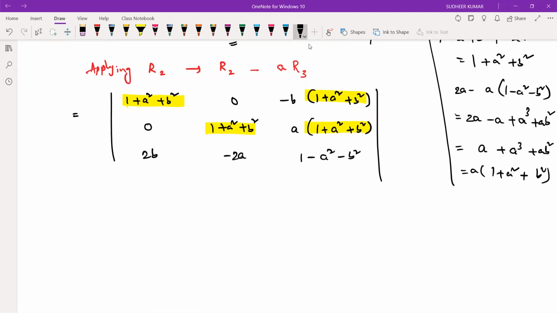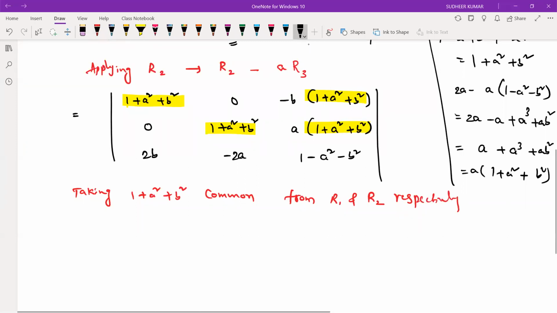So let us write this as taking 1 plus a square plus b square as common from R1 and R2. If you take R1 and R2 respectively, so what will you get?